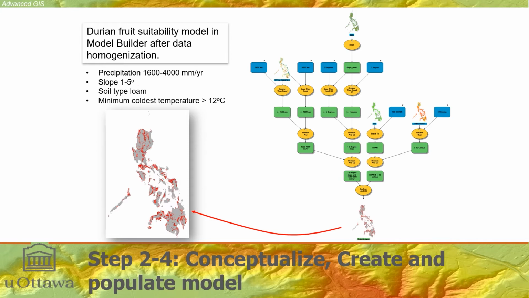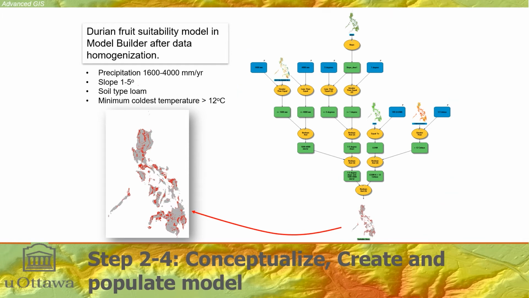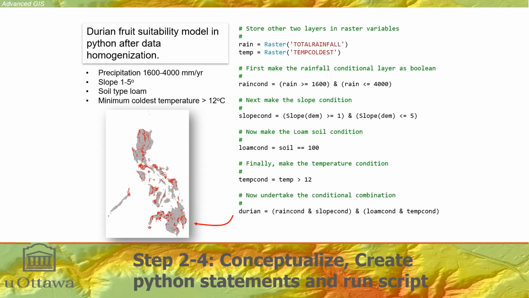These are the conditions, and this is what the model will look like after that. We'll do that in the worked example in ArcGIS Pro. We'll also do the same thing in the Python window using a Python script. It's a few lines, and we'll do it again step by step in the example.